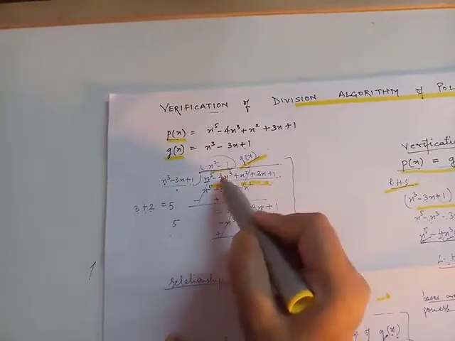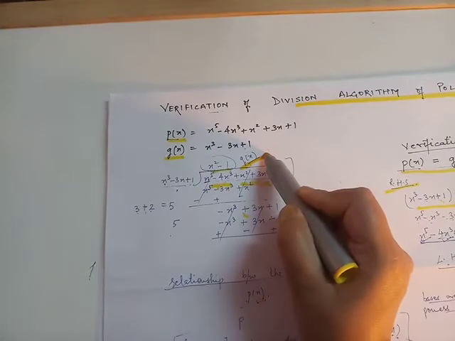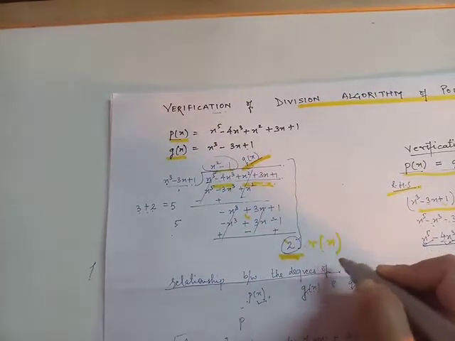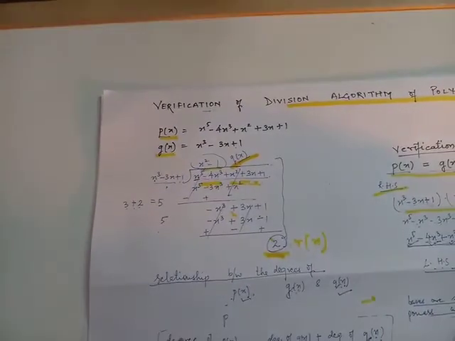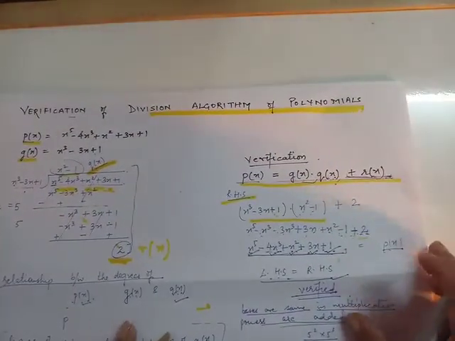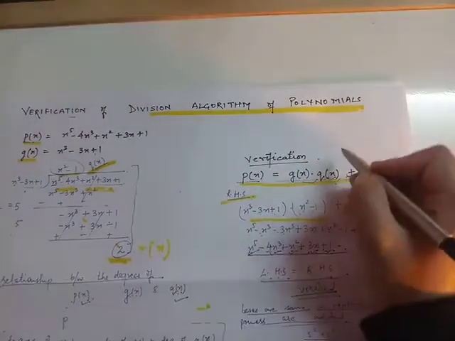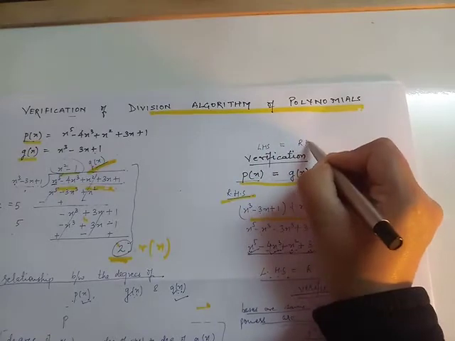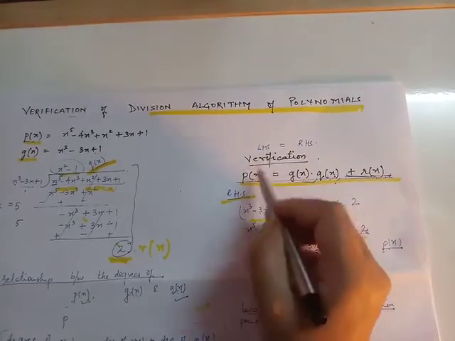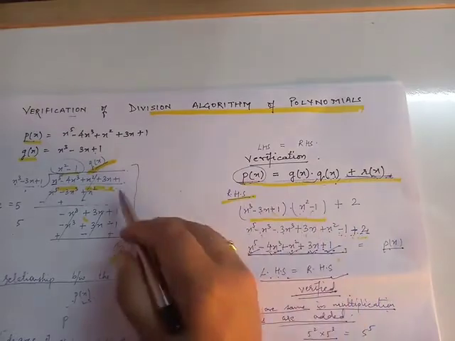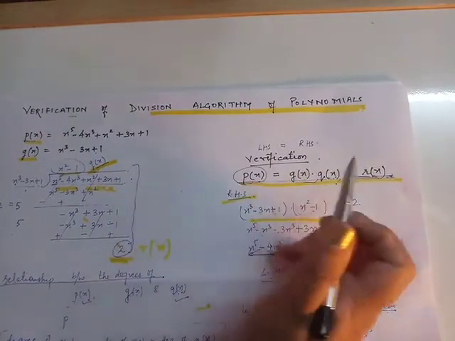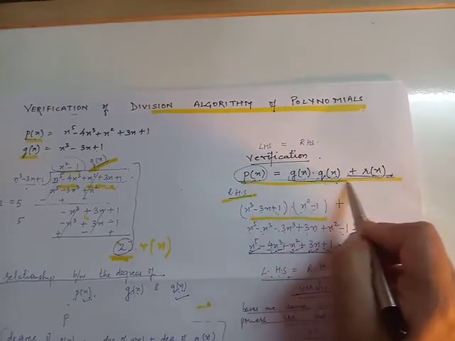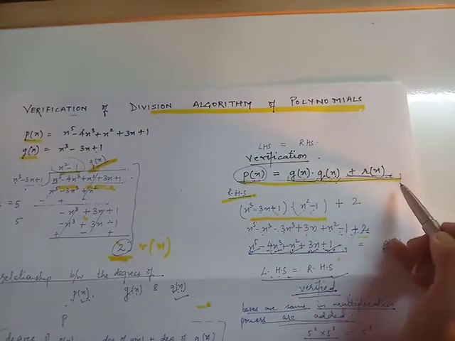When I divide the two, I get a quotient q(x) and a remainder r(x). If I have to verify my algorithm, I simply have to prove that the LHS is equal to the RHS. The LHS, p(x), is simply an expression and cannot be solved further, so I am going to solve my RHS.